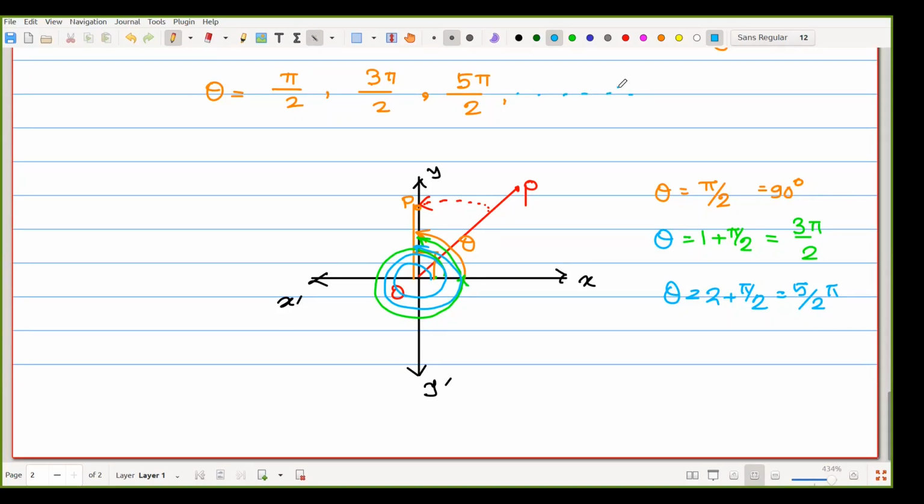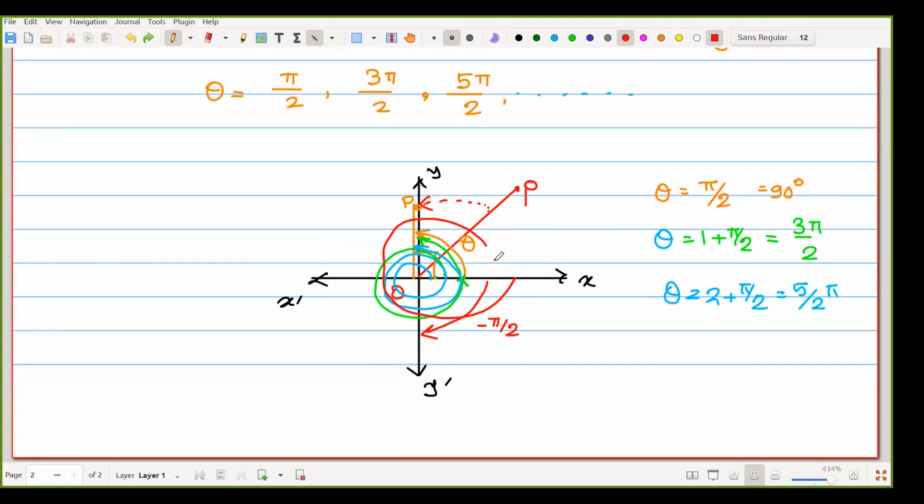If we consider the positive direction, it may be in the negative direction also. That means it may be from that direction, so it may be minus pi by 2, from here to here. It may be possible if we have a complete rotation, then another.